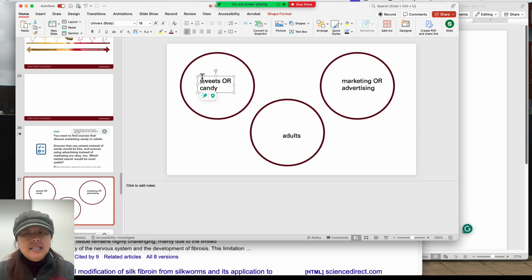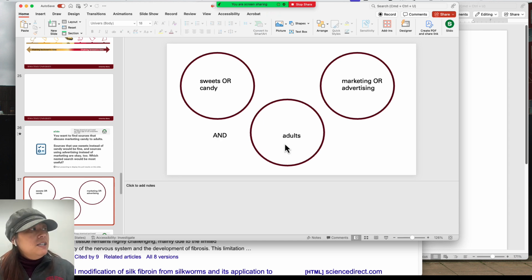The circle means OR. Everything in there is OR. Now, between circles, there are only two terms that you can use, AND and NOT. These connect the circles. So when I do my nested Booleans, it's either going to be AND or NOT, depending on my search. In my search, I want sweets, candy, marketing for adults, so it's got to be AND, which is basically telling my search engine, I want this, and this for adults.